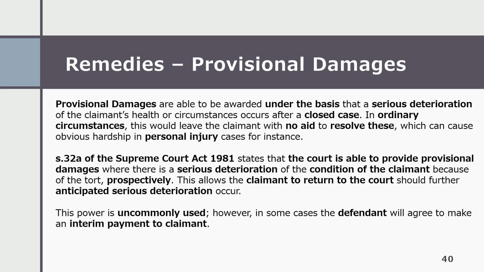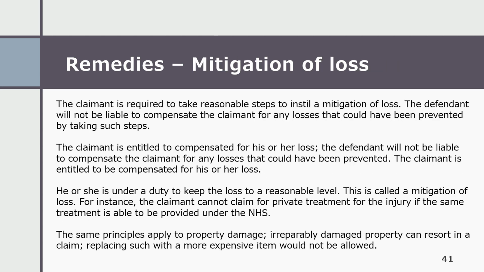Section 32A of the Supreme Court Act 1981 states that the court is able to provide provisional damages where there is a serious deterioration of the condition of the claimant because of the tort prospectively, so after the fact. This allows the claimant to return to the court should further anticipated serious deterioration occur. This power is uncommonly used, however. In some cases, the defendant will agree to make an interim payment to the claimant.